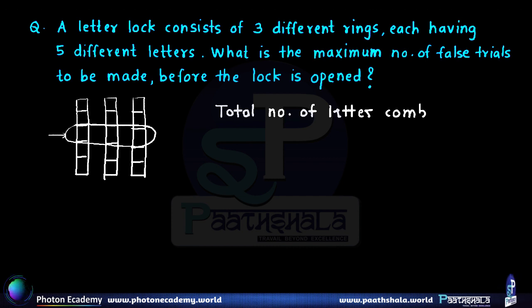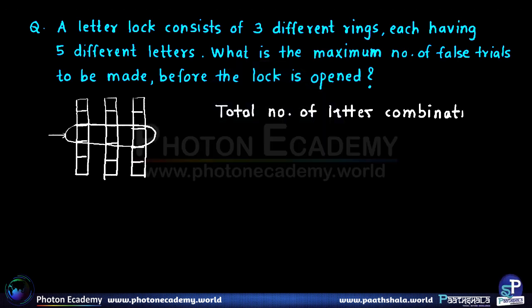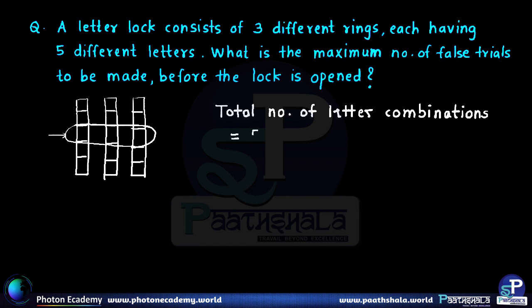That can be done by using the principle of multiplication. As we know, for each ring there are 5 possible characters that can be brought. So the total number is nothing but the product of 5 into 5 into 5.